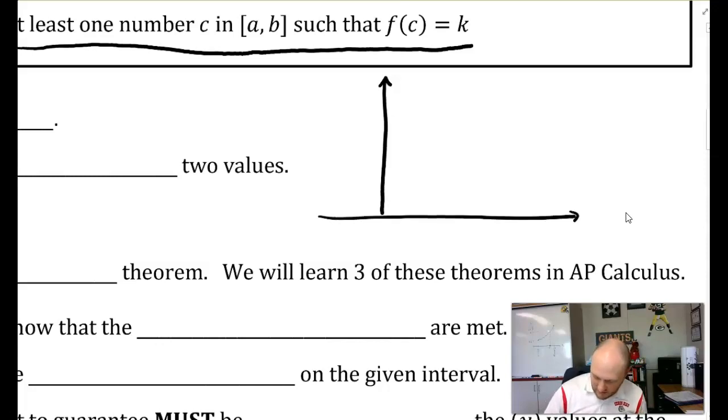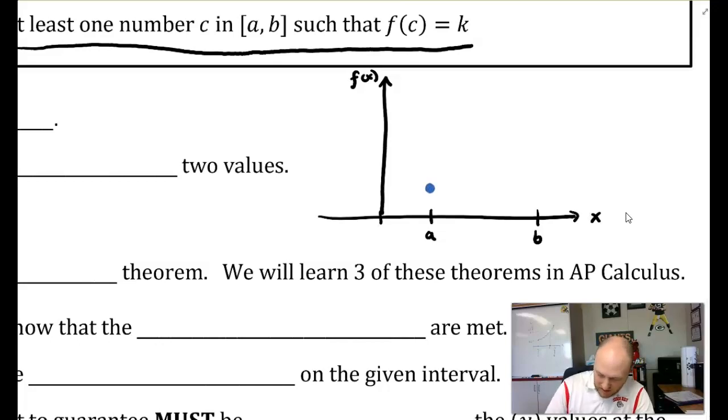So I have an axis here. I'm going to say this is our x-axis. This is our y-axis, or our f of x values. And what I'm going to do is plug in the variables that they said. They said, okay, a and b. 2 points in time, right? This is like when you were 10, that's a, and now, which is b. Okay, and then we have 2 points. I have a point here at a.